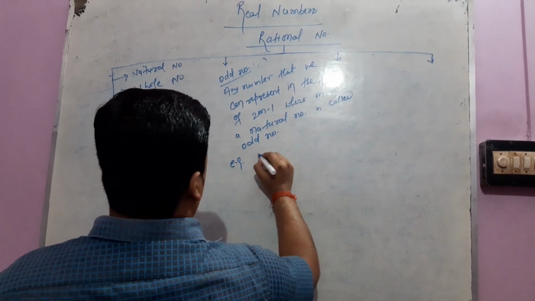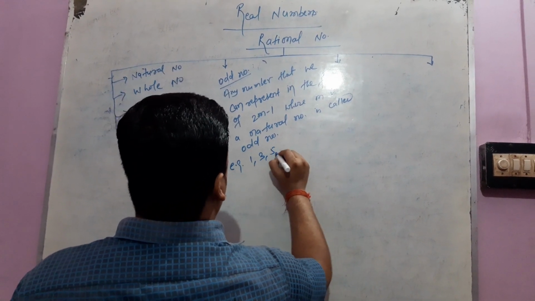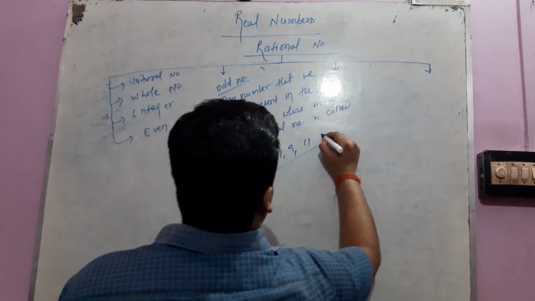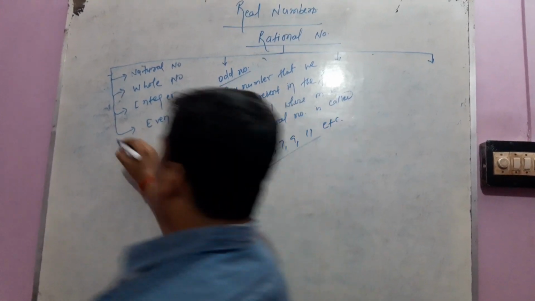For example, 1, 3, 5, 7, 9, 11, etc. These are all examples of odd numbers.